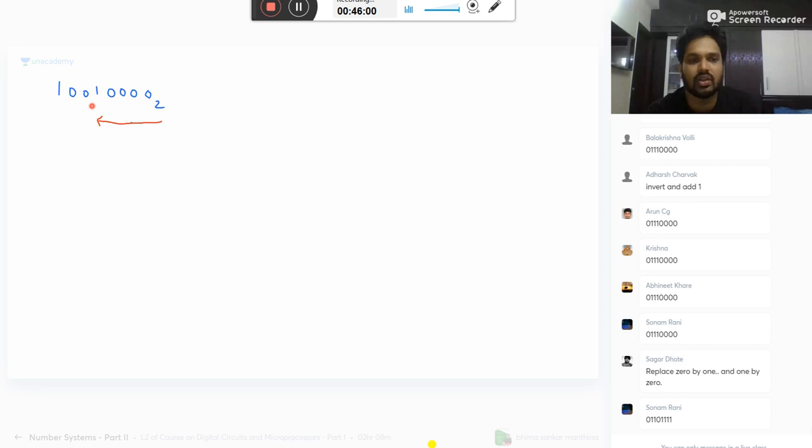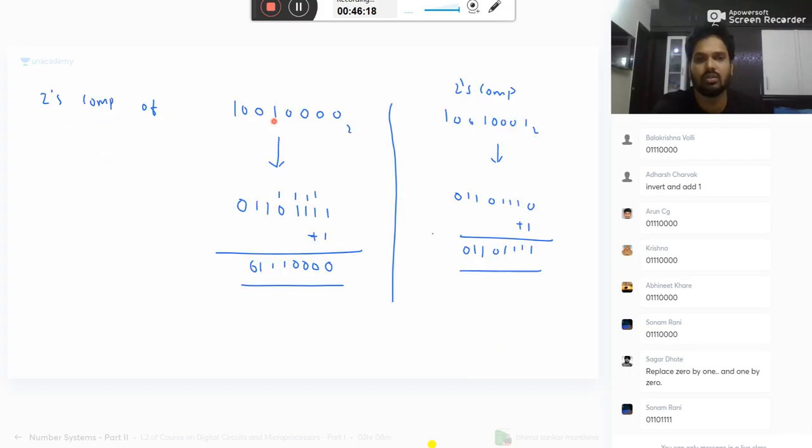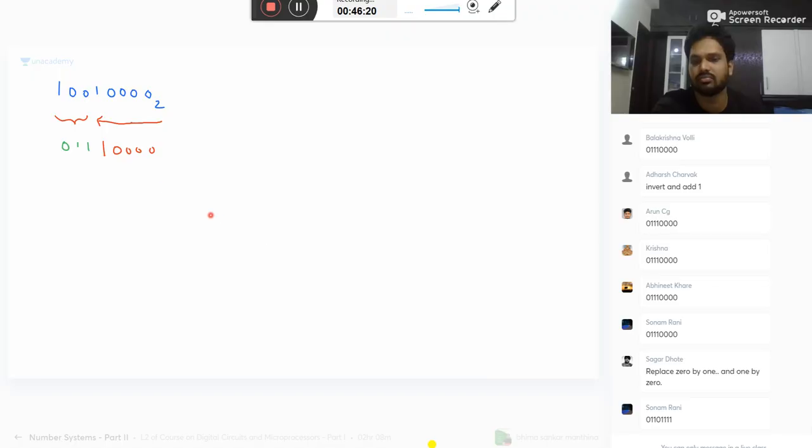When you touch 1, write the number as it is. Remaining part is complement. This method also will give you the same answer. You see? Same answer or not?